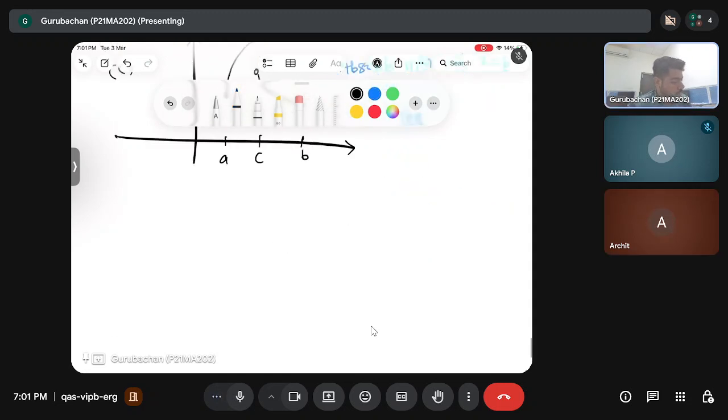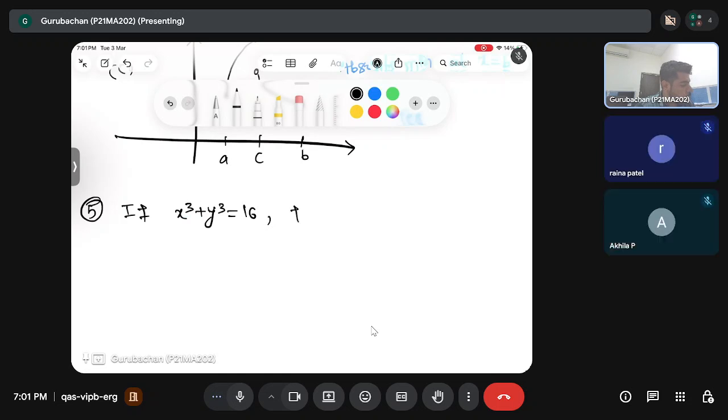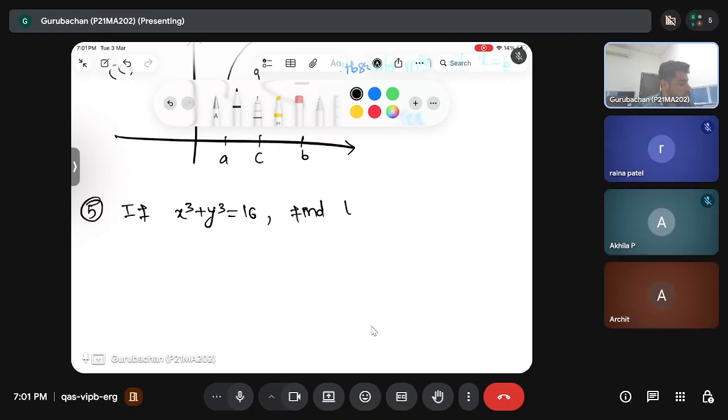So the question that I missed, let me do that first. If x cube plus y cube is equal to 16, related to implicit differentiation, find the value of d2y by dx square at the point.